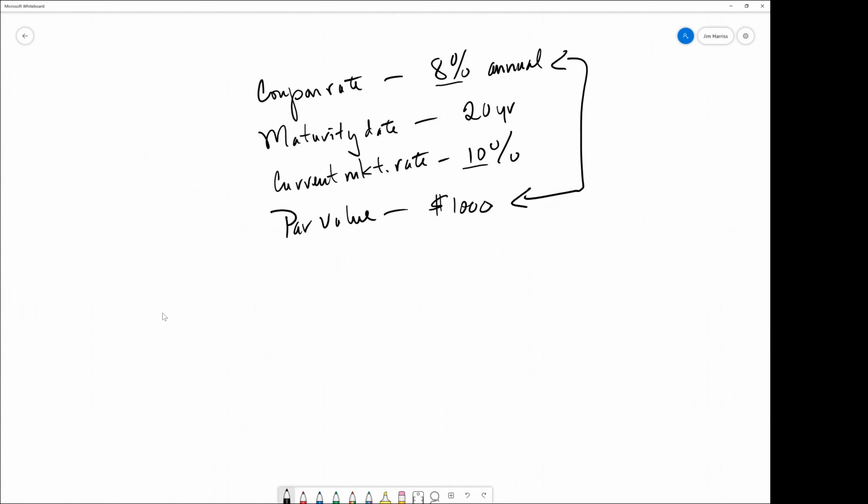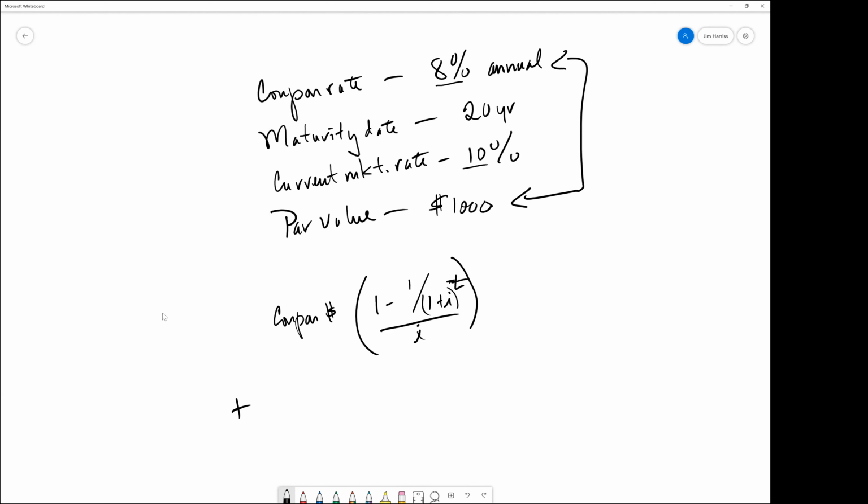So here's how you're going to set this thing up, okay? You're going to have say the coupon amount. You're going to multiply that times 1 minus 1 over 1 plus i to the t, divided by i. Okay? That's going to give you the present value of the annuity for the coupon rate.